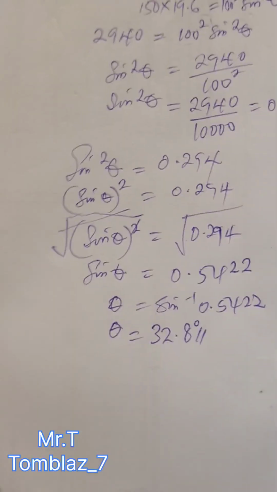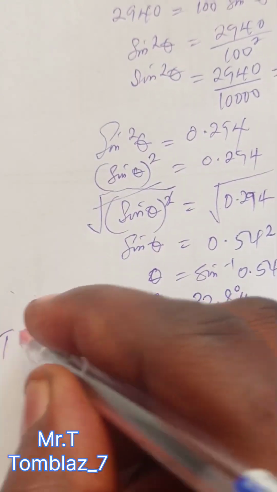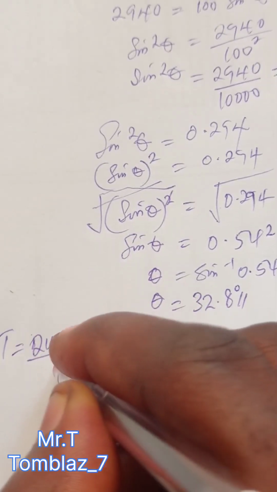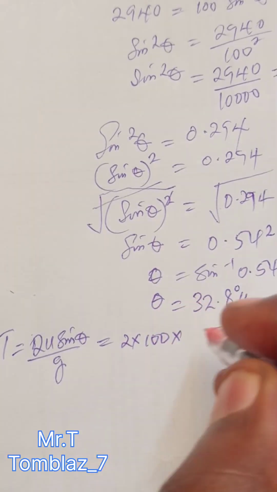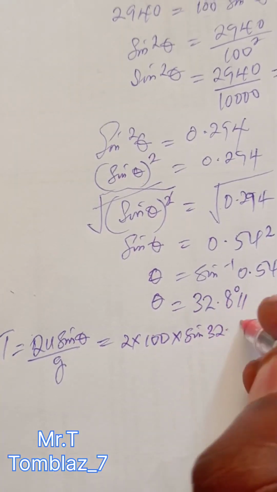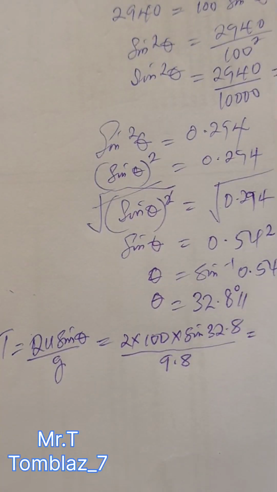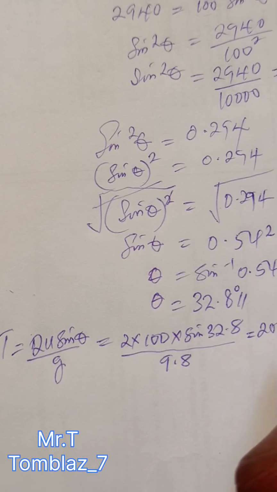Now we can proceed with calculating the time of flight. Time of flight, t, equals 2u sine theta all over g, which is 2 times 100 times sine 32.8 divided by 9.8.